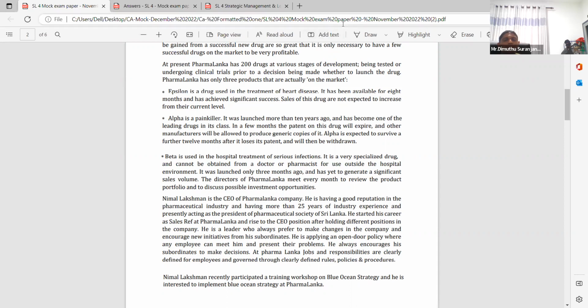Here it is mentioned. See. He is a leader who always prefers to make changes in the company and encourages new initiatives from his subordinates. Encourages new initiatives from his subordinates. So he has that characteristic also. Intellectual stimulation. So we'll see Penna's answer.